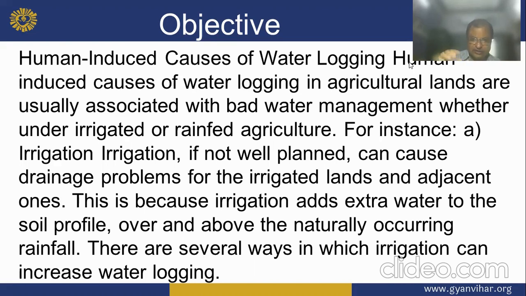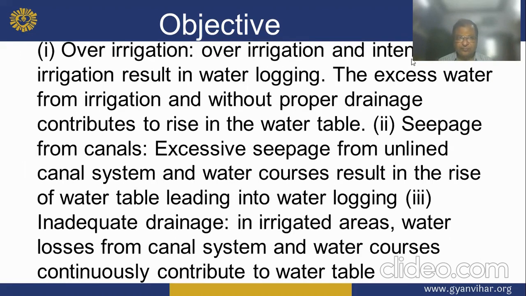This is because irrigation adds extra water to the soil profile over and above the naturally occurring water, and increases waterlogging. Over-irrigation and excessive irrigation result in waterlogging.